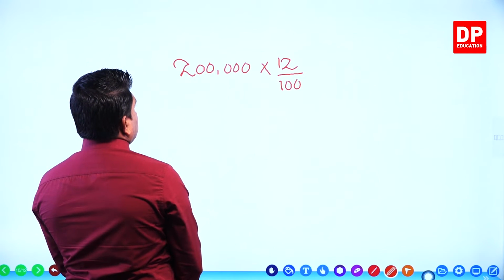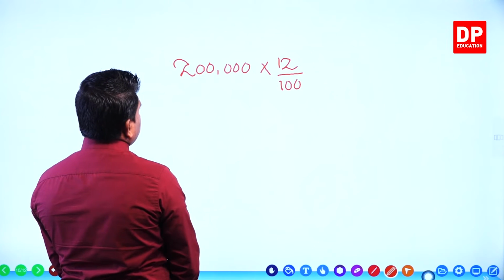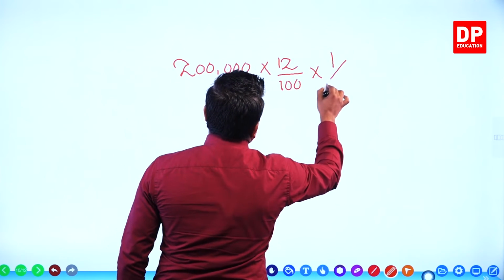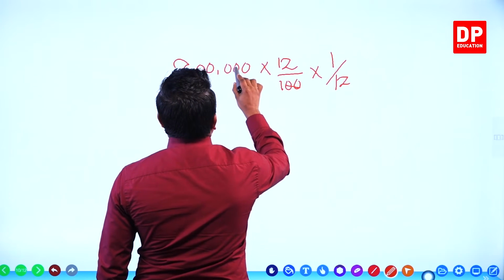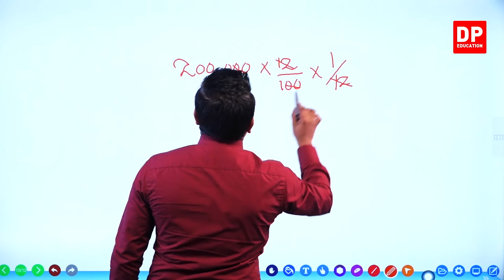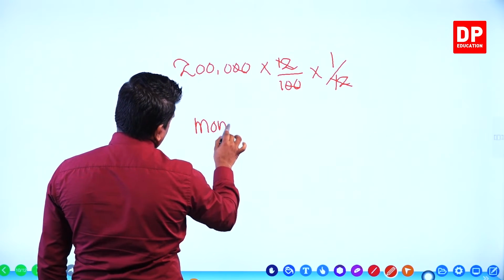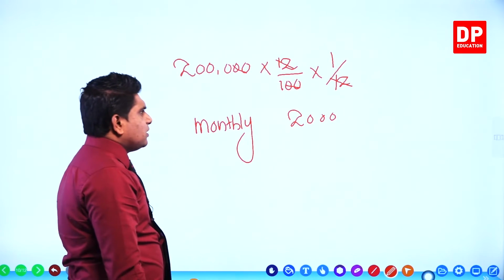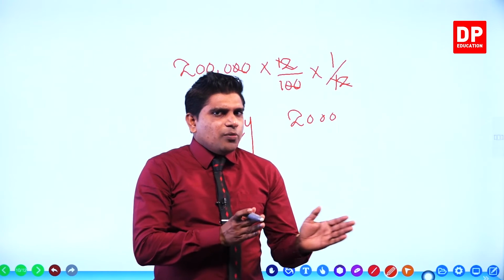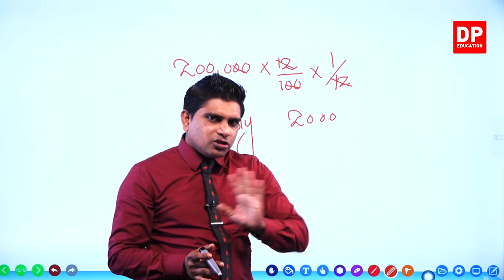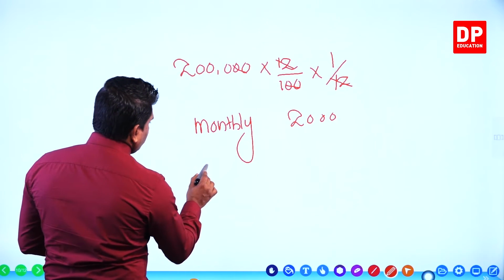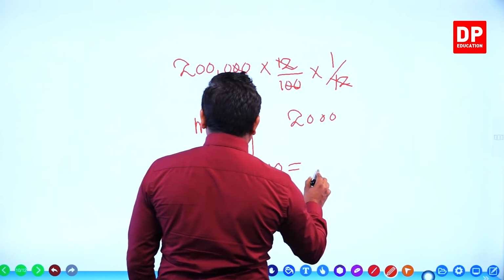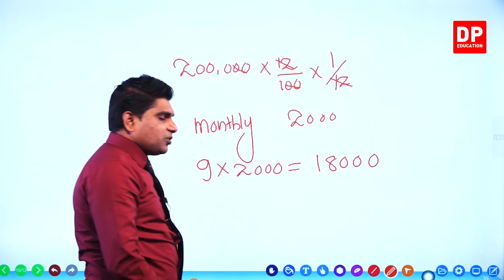When you calculate this, you can find the total interest income for the year, but 1 over 12, then you can find the monthly interest, 2,000. Then you opened it on 1st of April. How many months can you collect interest? First 3 months, no. Then 9 months. Total 9 months, how much? 9 into 2,000, this is the interest for this year, 18,000. But there's a problem. What is the problem?